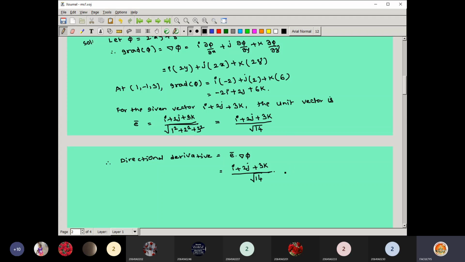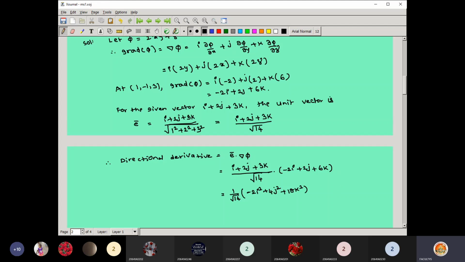Already we have calculated del phi, so minus 2i plus 2j plus 6k. Now make the multiplication. It is 1 divided by root 14 at one side. i into minus 2i gives minus 2 i squared, plus 2j times 2j is 4 j squared, 3k times 6k is 18 k squared.